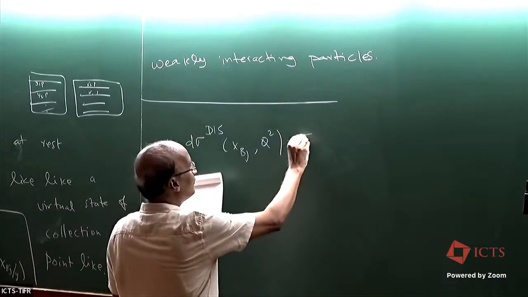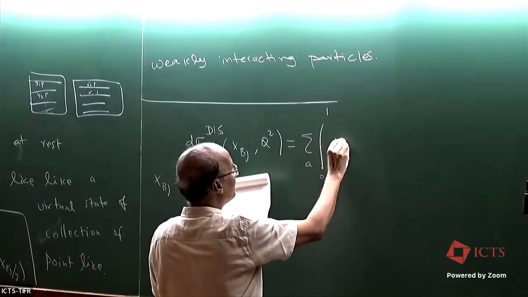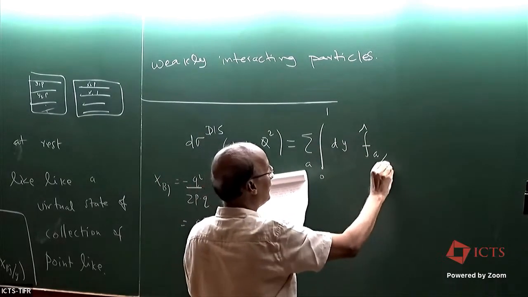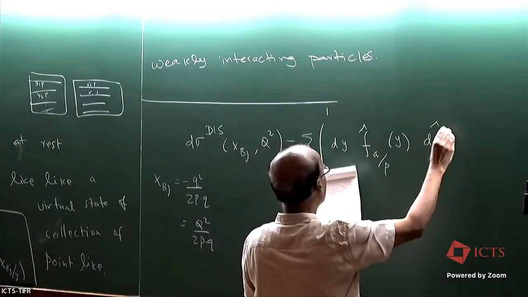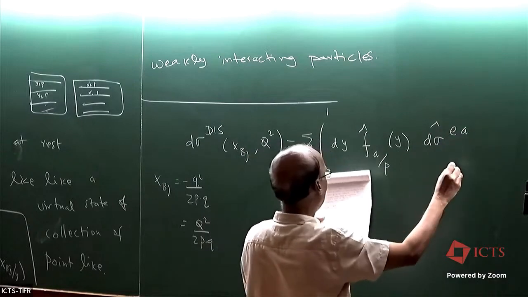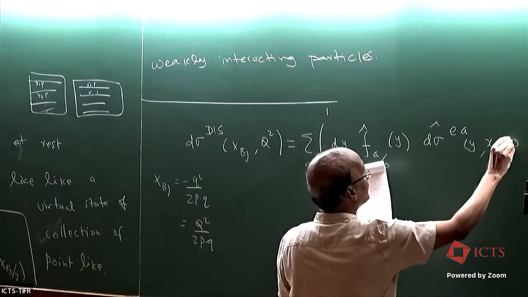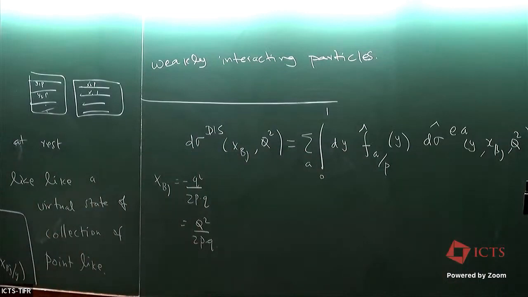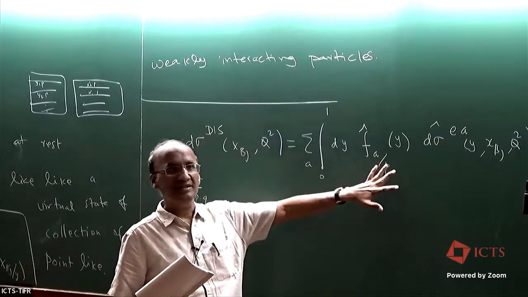This is equal to the sum over a, integral 0 to 1 dy, f_a, and I'll explain what exactly I mean by these terms, d sigma hat p a of y, x_bj, q square. So you can put whatever I said, that this inelastic scattering is a sum of elastic scatterings, in one single line.